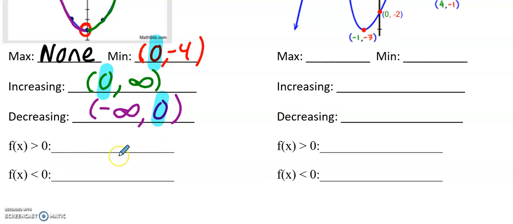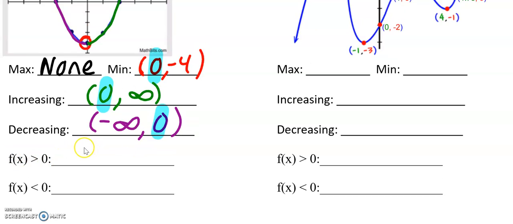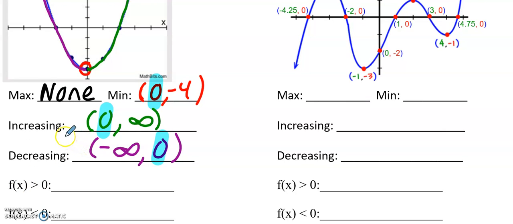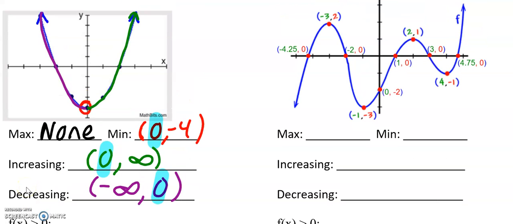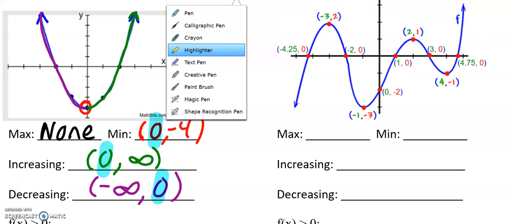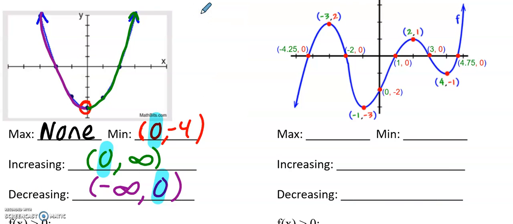And the intervals are going to represent x-coordinates, because what we are doing is describing what the y values are doing on those x-coordinates. So first, we want to figure out where is f of x greater than 0. And remember, that's saying where are the y values greater than 0. So if I look at my graph here, I can see that the y values are greater than 0 here and here.